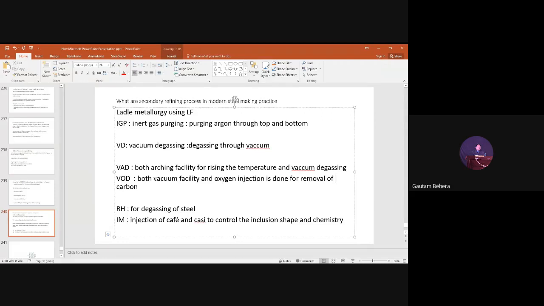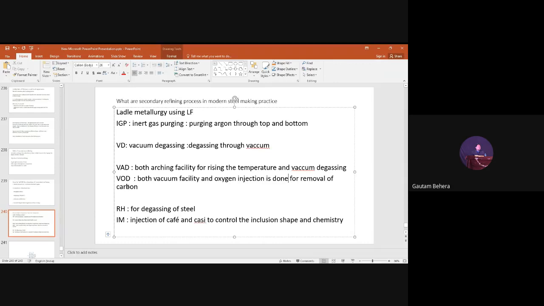That should not be reduced, because further it has to be cast. So to maintain the temperature or to raise the temperature of the steel, arcing is essential, right? So this is facilitated by VAD. There is a facility of vacuum and a facility of arcing, and we can do degassing also.